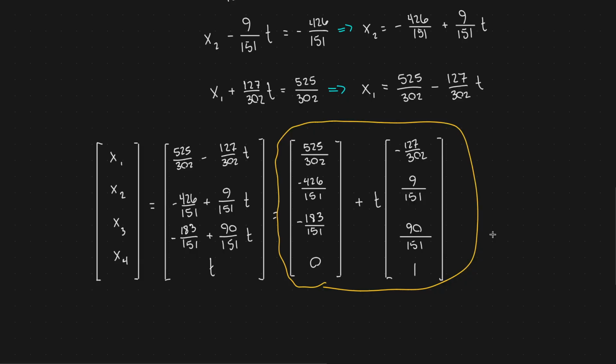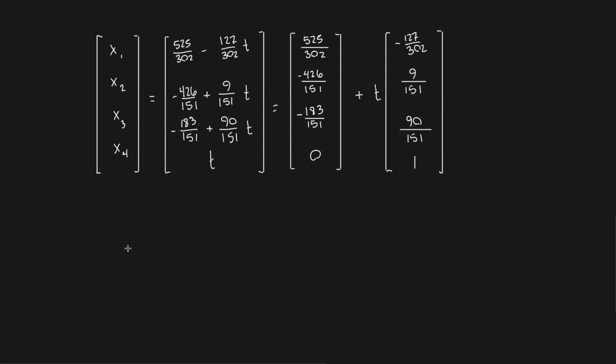But since I just need to choose one, I could choose whatever t I want and find one set of values for x1, x2, x3, x4 that will make it work. In this case, I don't want to add any nasty fractions together. Let's choose t equal to 0. And it is a choice.